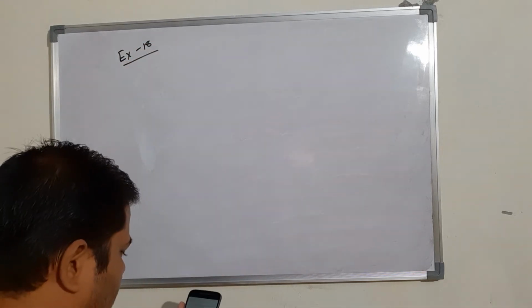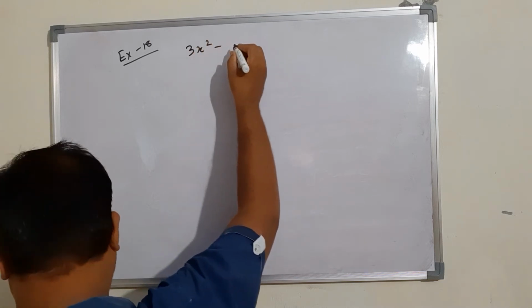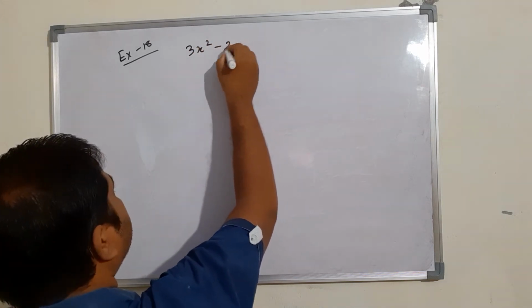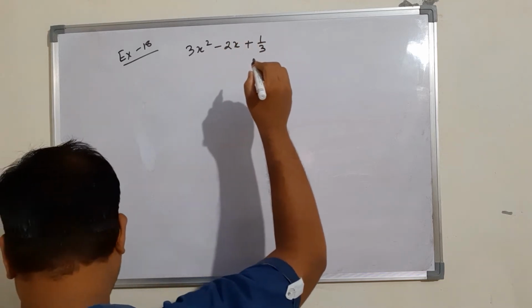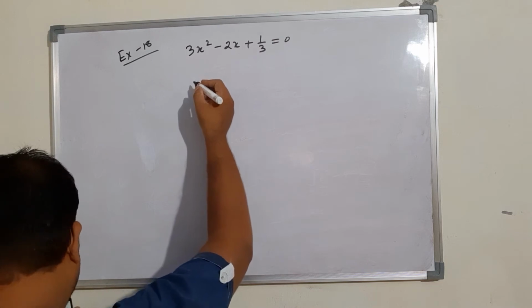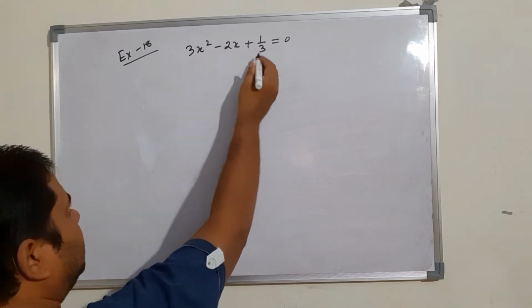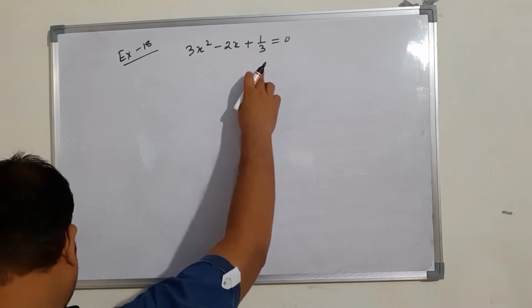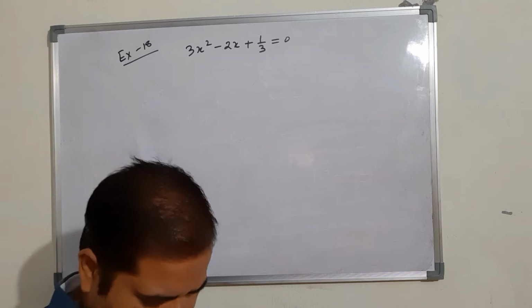Find the discriminant of the equation 3x square minus 2x plus 1 by 3 is equal to 0 and hence find the nature of its roots. Find them if they are real.